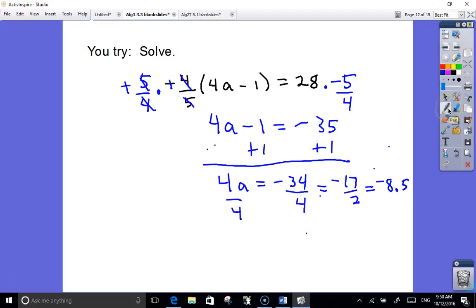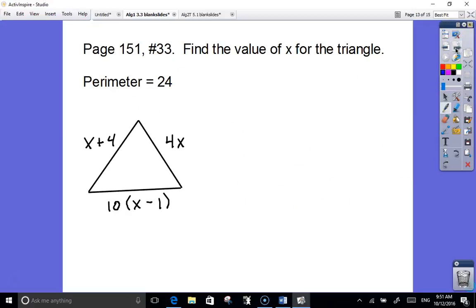And then this is the last slide that you didn't have yesterday. So if you were here yesterday, you didn't see this. And you're going to get, I think, 2 problems like this in the homework, where it says, find the value of x for the triangle. The perimeter equals 24. What does it mean, the perimeter of a shape?